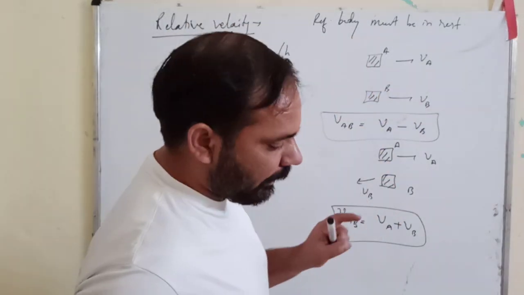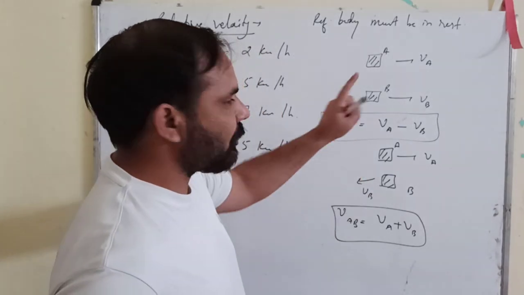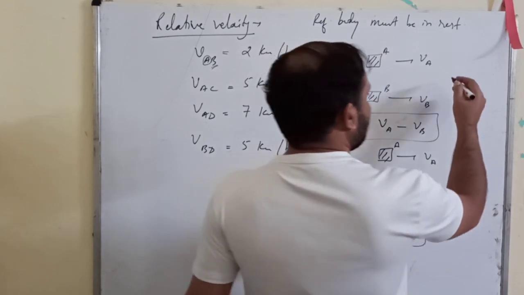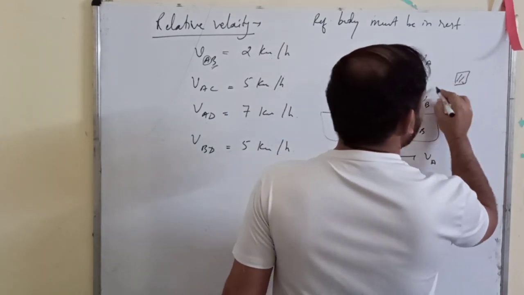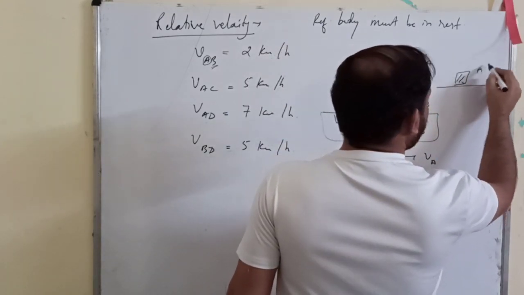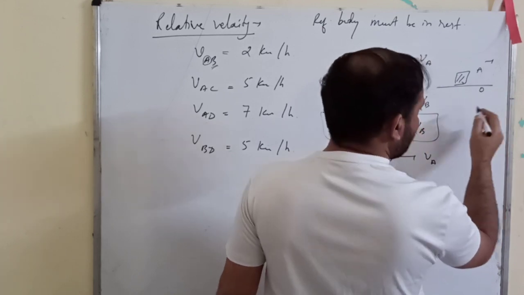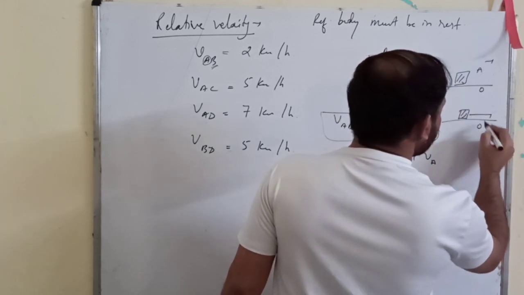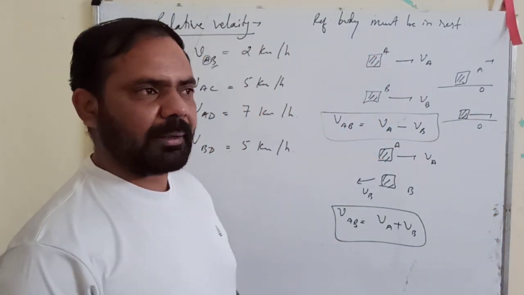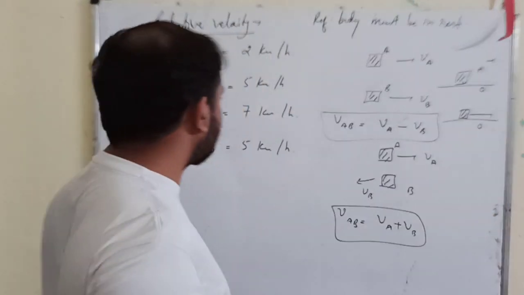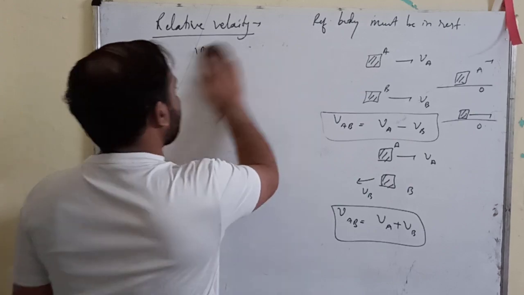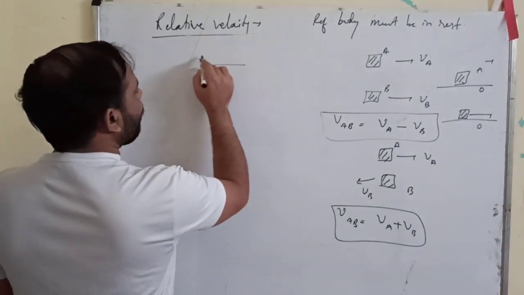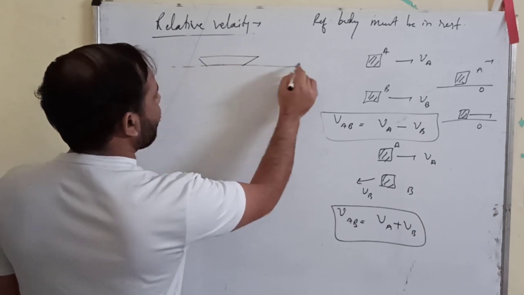Now there can be a situation other than this also. Remember that your body A is moving on the ground, right? A is moving but the ground is in the state of rest. B is moving but the ground is in the state of rest. But there can be another condition also. What is that? Suppose a boat is moving in water.